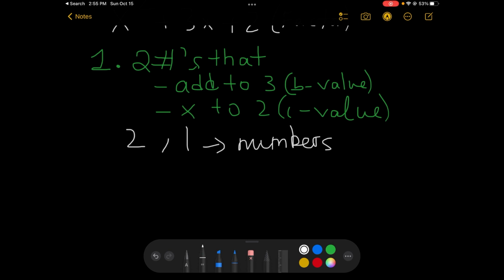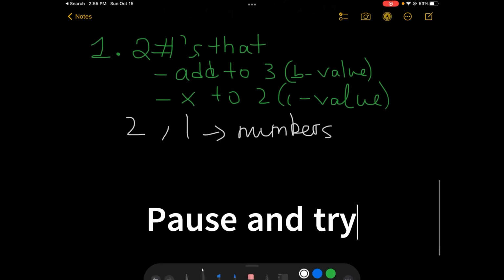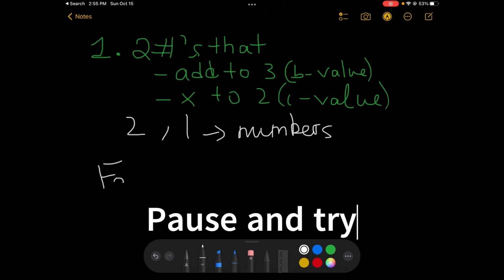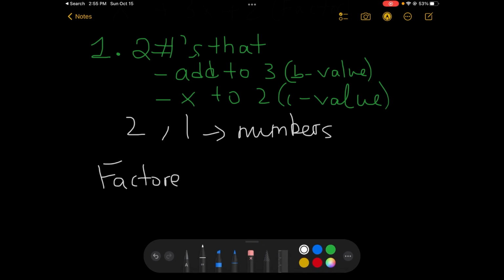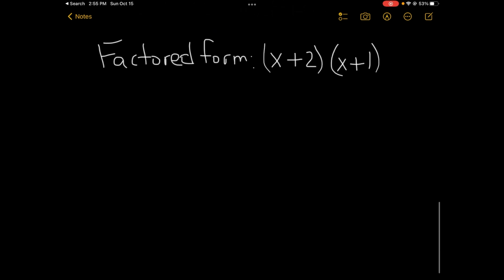Okay, so we can write this quadratic according to step 2 as x plus 2 times x plus 1, where 2 and 1 are the numbers we found. Now to double check, we can multiply this factored form out.